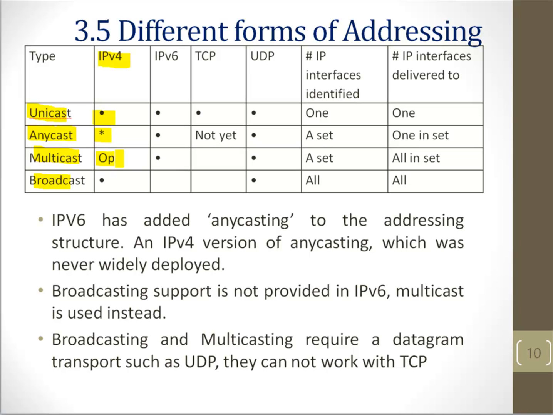Multicast is also available. You know about class D IP addresses; class D is used for multicast concepts only. And broadcast we have. If you go for IPv6, broadcasting is completely removed. So we have unicast and multicast only. The broadcasting has been completely removed.